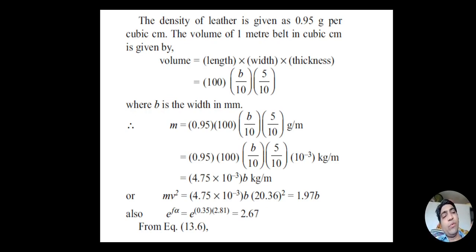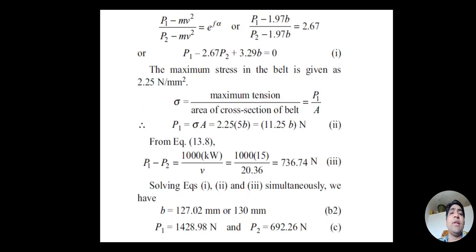Now use the equation of flat belt. This is the problem of the open belt drive in which the flat belt is used. So the equation of flat belt is (P1 minus mv square) upon (P2 minus mv square) equal to e raised to f alpha. Calculate the value of e raised to f alpha, which is 2.75. f is known, alpha is known.